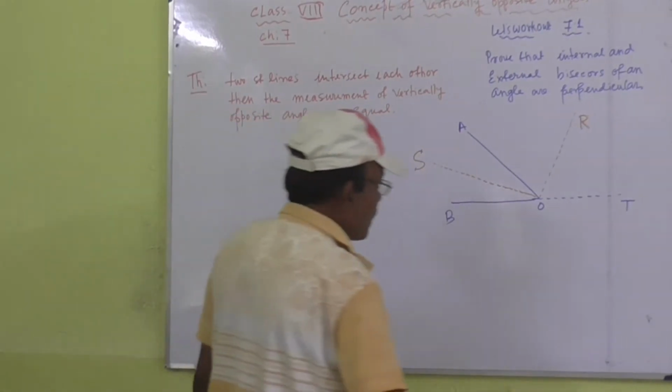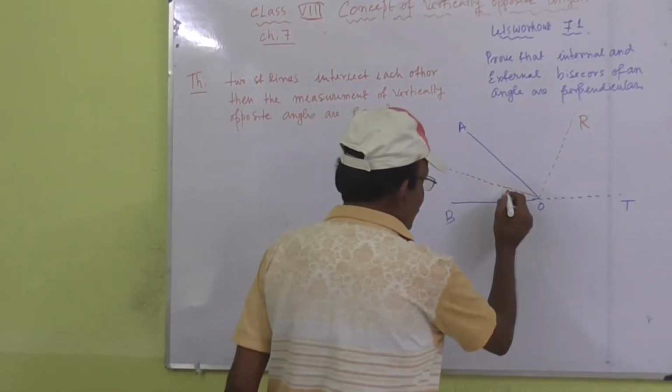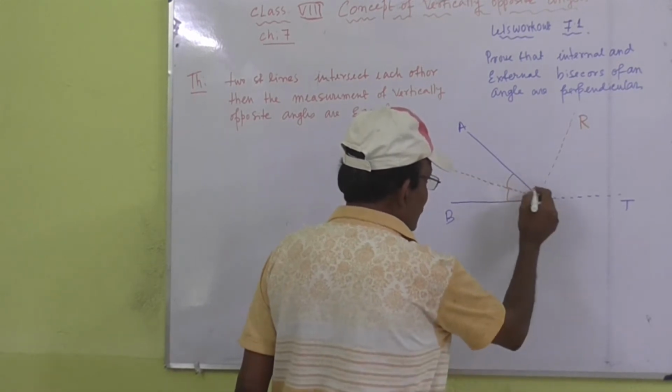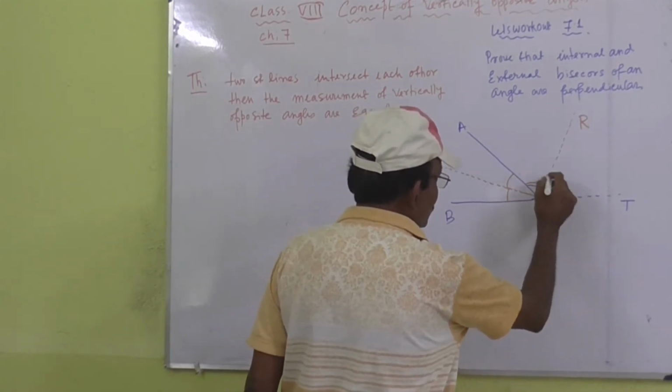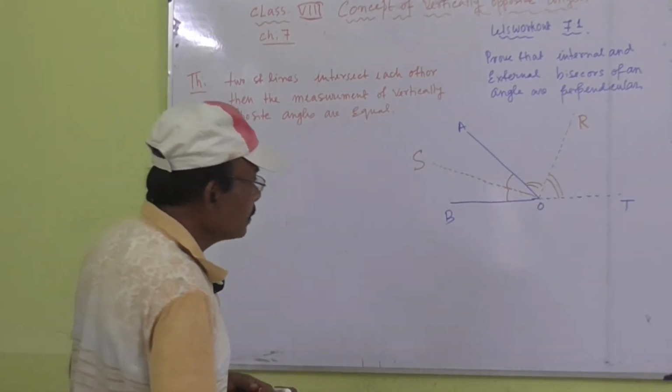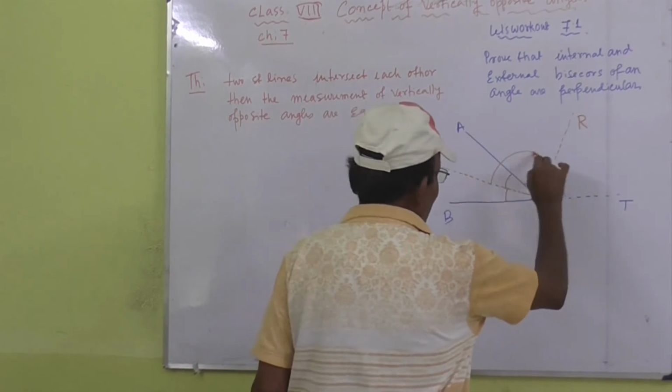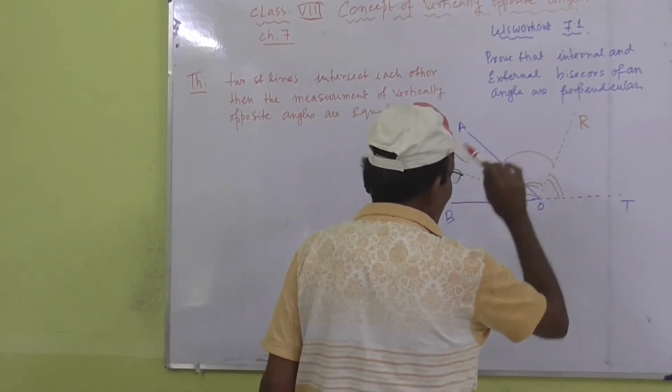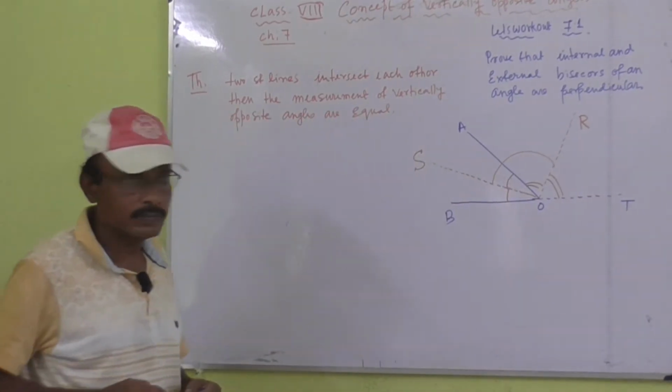Clear? Bisector means this angle equal to this angle and also this angle equal to this angle. Okay. So we have to prove that this angle equal to 90 degrees. How to prove?